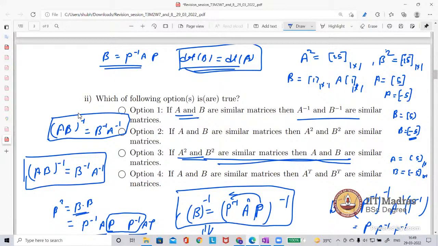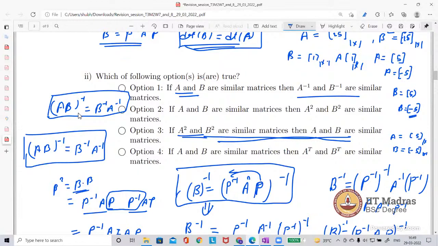Similarly, you can check for order 2, order 3, and up to order n. So that's why option 3 is not correct. You can tell using this argument.